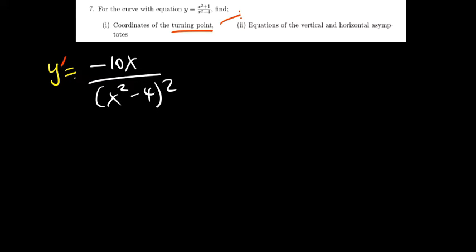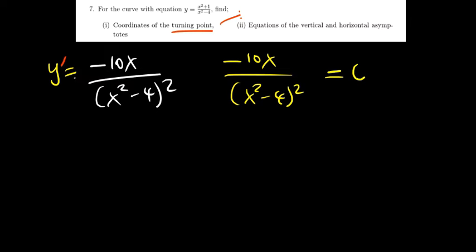So if we equate negative 10x over (x squared minus 4) squared to 0, for that to be true, the numerator is supposed to be equal to 0. So the possible value is x being equal to 0. Simple and straightforward.